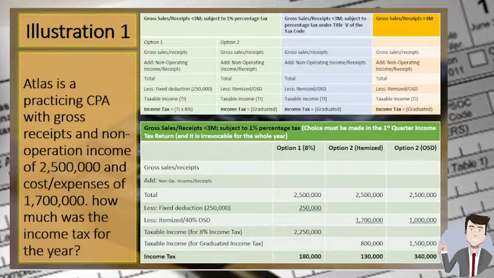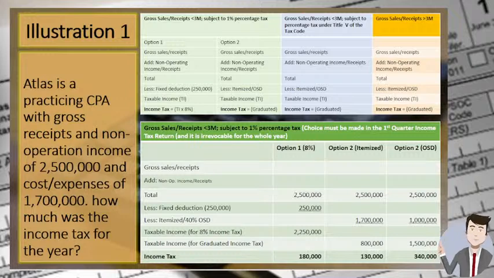But the problem, guys, in actual practice, is that for itemized deduction you have to declare it separately, one by one, and you have to prove it if ever the Bureau of Internal Revenue conducts a tax audit, so the burden of proof goes to the taxpayer.